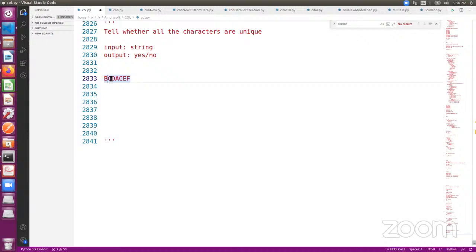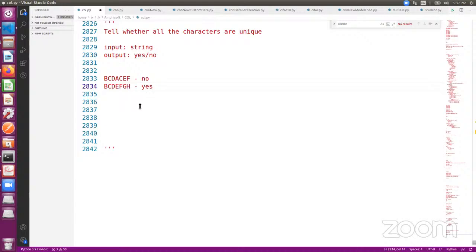Even if there is one character which is repeating, the output should be no. So for this the output is no. For this the output is yes, because all the characters are unique.